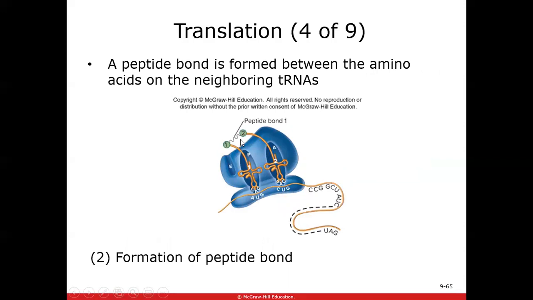This is where a peptide bond is formed between the amino acids of these neighboring transfer RNAs. So these are in here because of this codon-anticodon communication, and therefore the amino acids that are associated are close to each other and form peptide bonds.